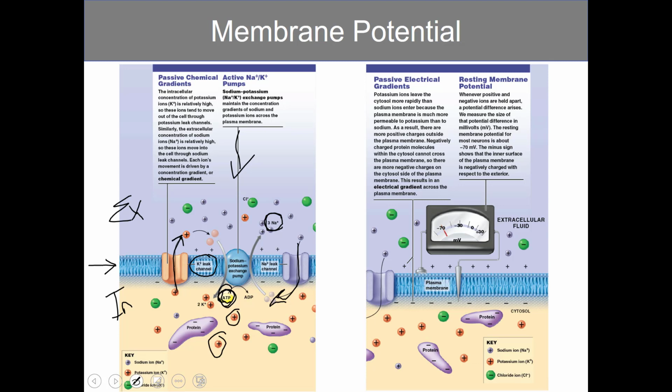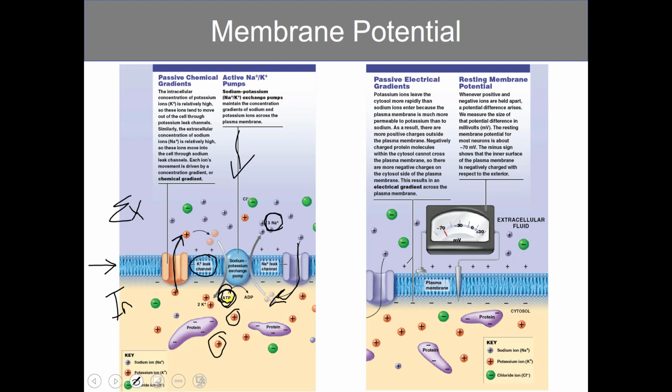As a result, there are more positive charges outside the plasma membrane, and negatively charged protein molecules within the cytosol. So there's more negative charges inside the cytosol. And because of this, you get an electrical gradient across the plasma membrane.